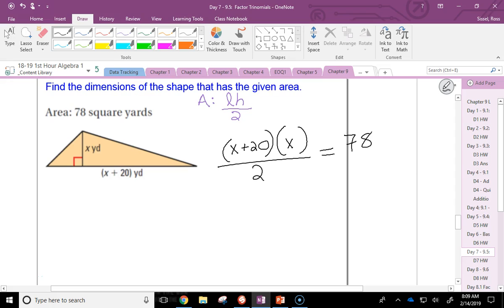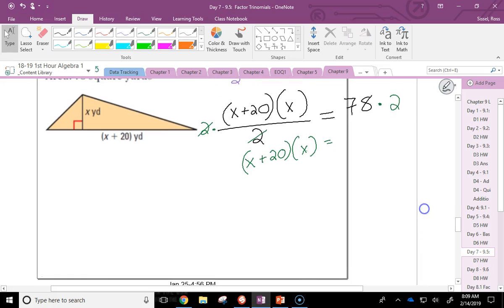I don't want to be dividing by 2. We don't want to mess with that fraction. So how do I get rid of the 2? Maddie? Let's multiply this whole side by 2. So I have to multiply this side by 2. Those would cancel out. And this would end up being x plus 20, that's still times x. And 78 times 2, 156.